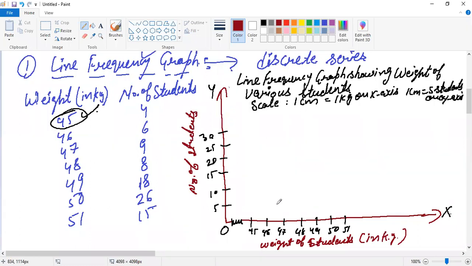So now we make a line frequency graph. On 45, the number of students is 4. Then on 46, the number of students is 6. Then on 47, 9.